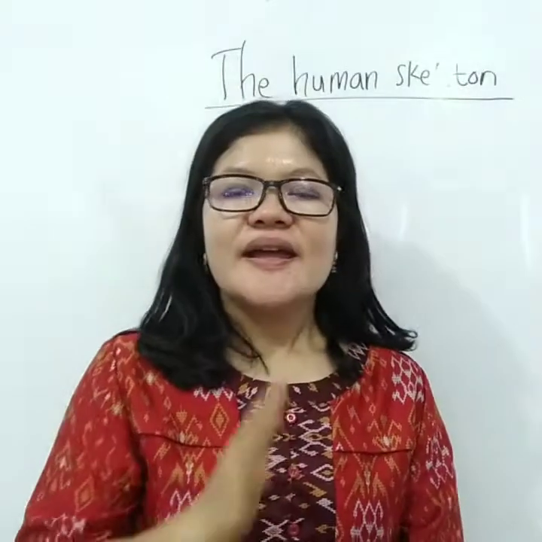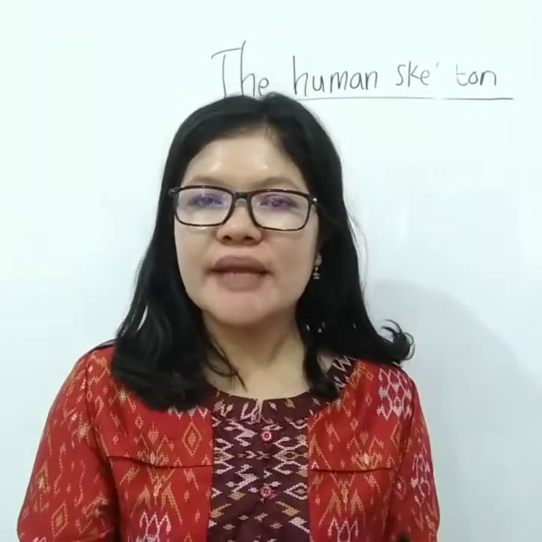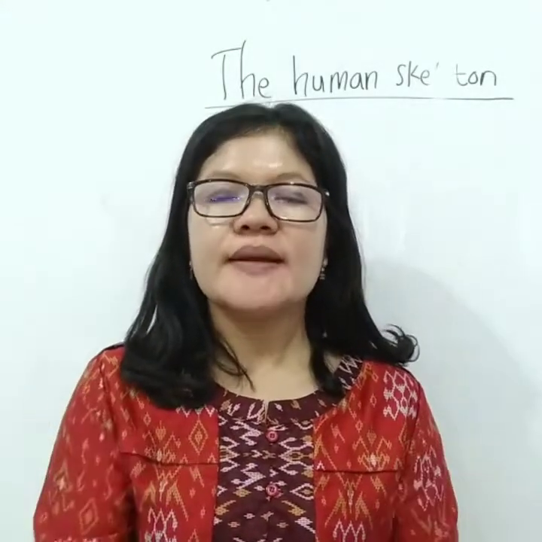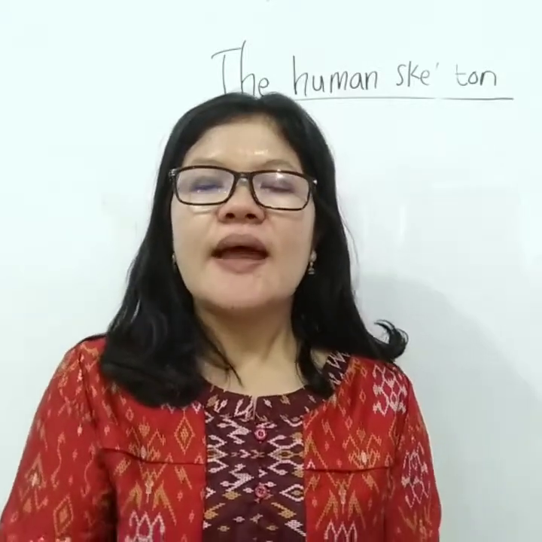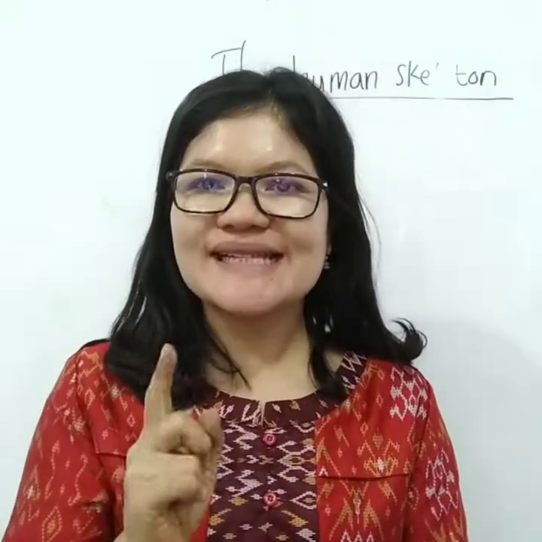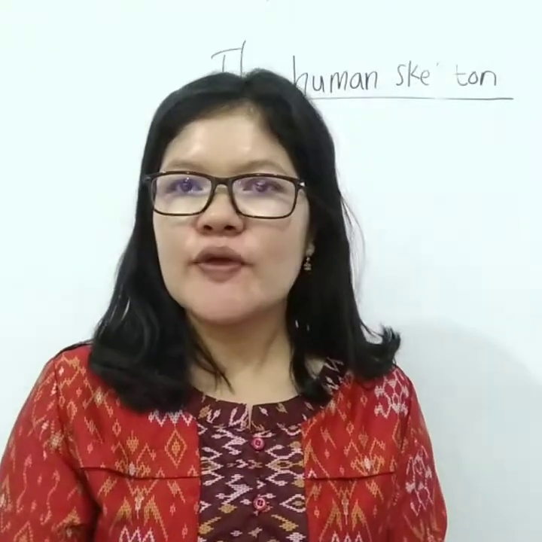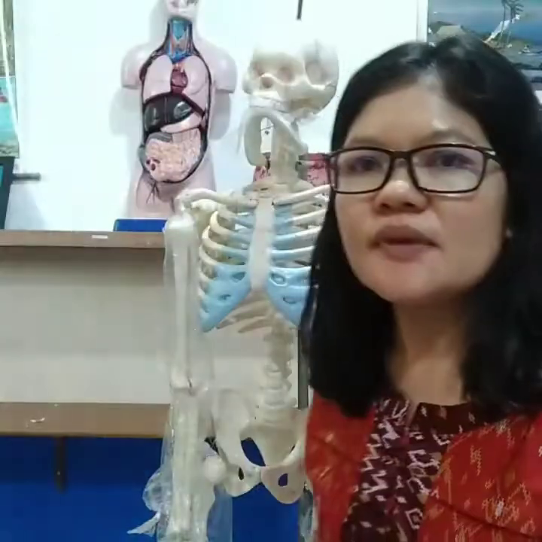Our skeleton is made of bones. There are many bones in our body. Actually, adult people have 206 bones. Now, Miss Happy is going to explain some of the main important bones in our body.